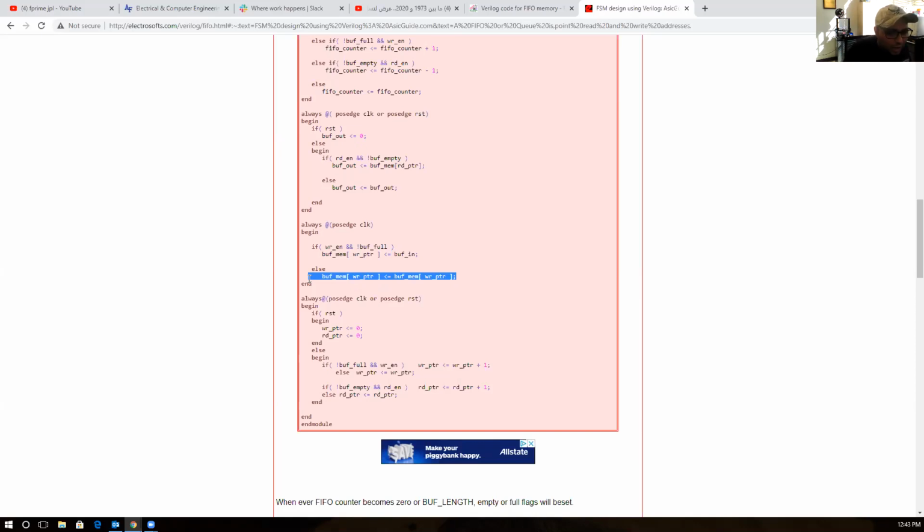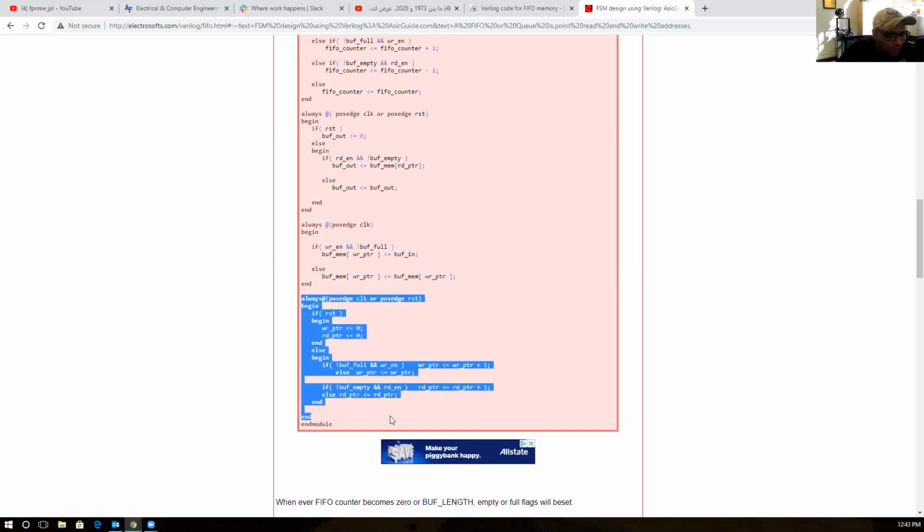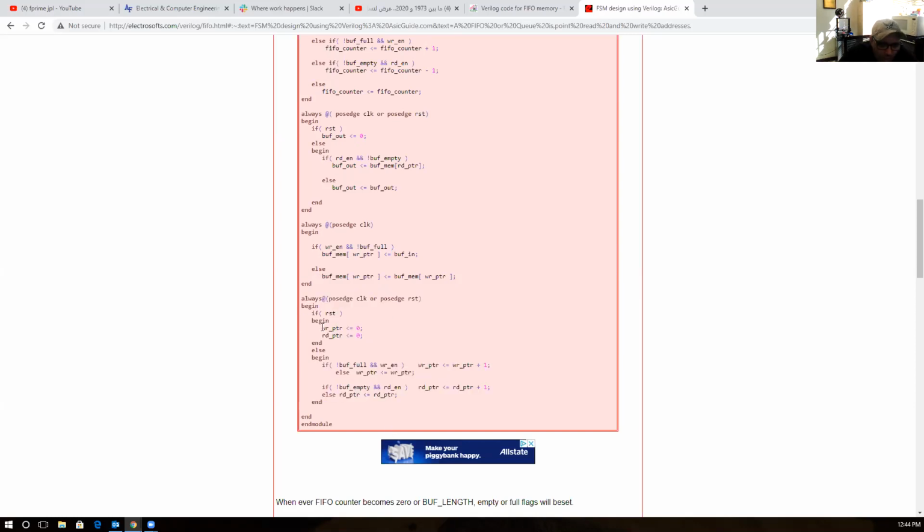So now I'm going to start using the last part of producing the actual write and read. So look at this. Write buffer and read buffer in this case will be reset when the master reset is happening. Then if I'm write enabling and I'm not full, what will happen?